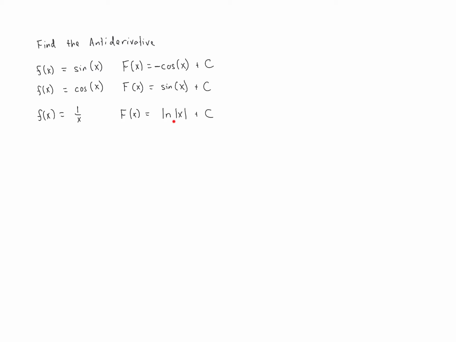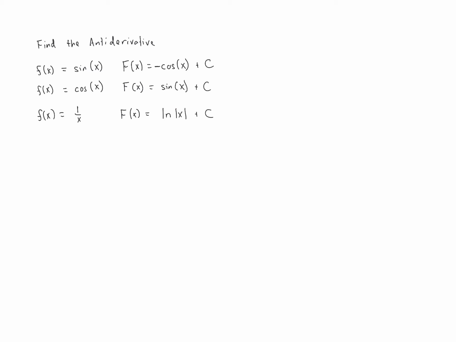We actually looked at this as a piecewise defined function. We split it up into the positive x's and the negative x's and whatnot. And we saw that regardless, when we had this absolute value, we got a derivative of 1 over x. So to make sure that we include the whole domain of this original function, when we take the antiderivative of 1 over x, we're going to write ln of the absolute value of x plus a constant.